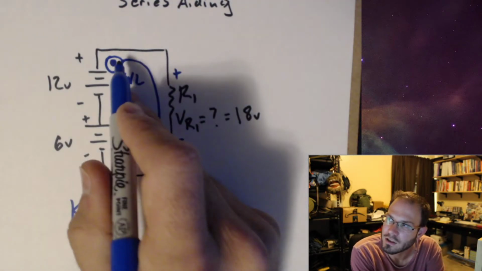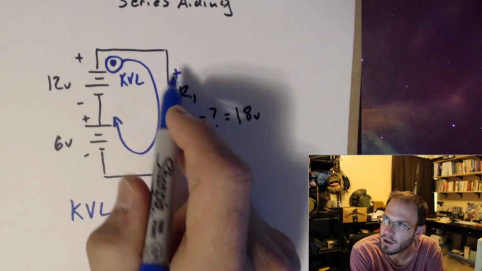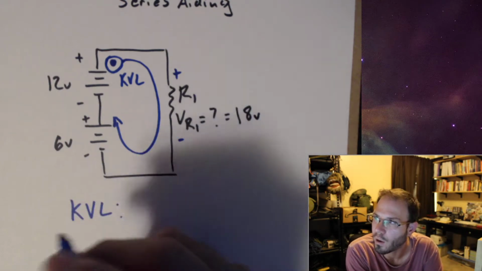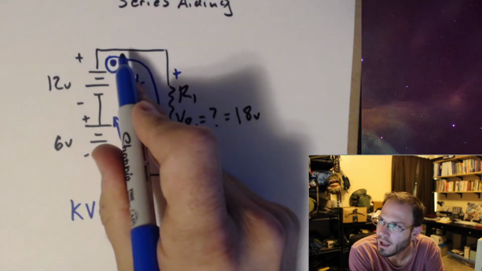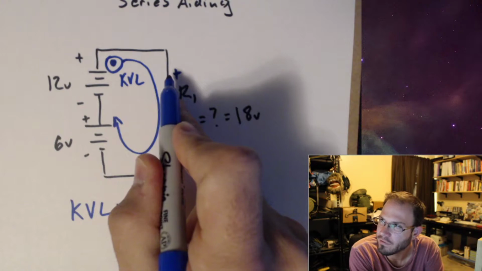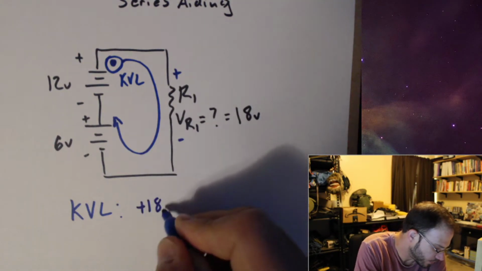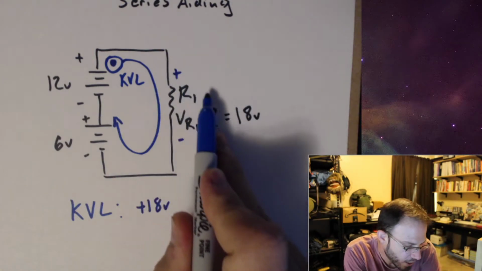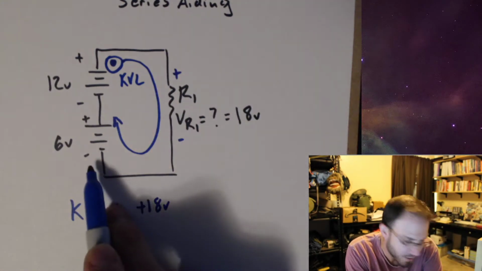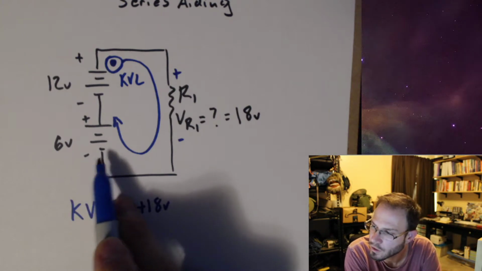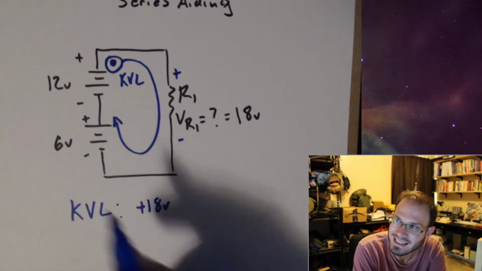If I start at this point and follow this entire loop, writing out the KVL expression, I hit the positive first, so plus 18. Keep on going. I hit my 6 volt voltage source, and I hit the minus side first, so minus 6.